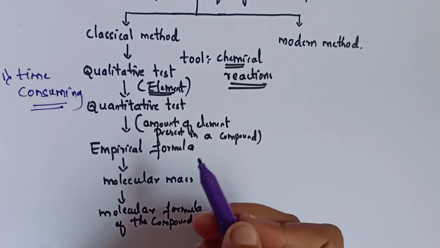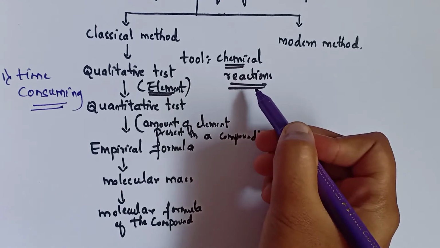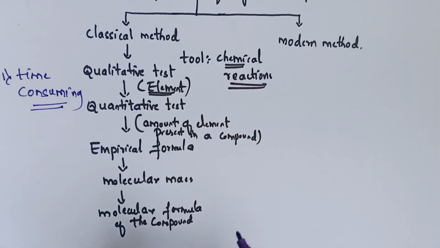Here I have already said that the tool is chemical reactions. So we can see that there are several steps of chemical reactions given for identification of one compound. So it is very time consuming to complete all those steps. So it forms a major disadvantage of the classical method.